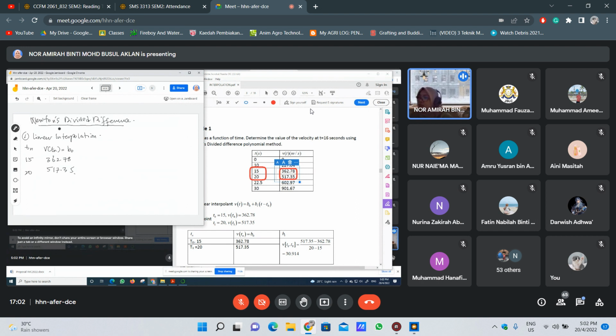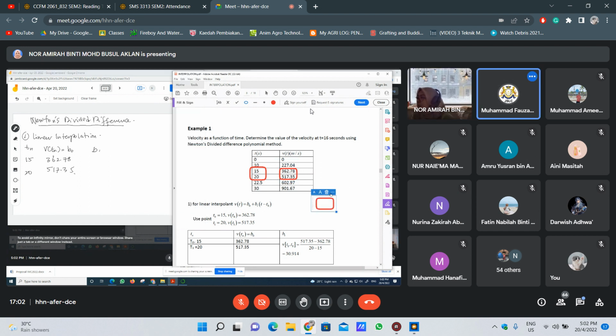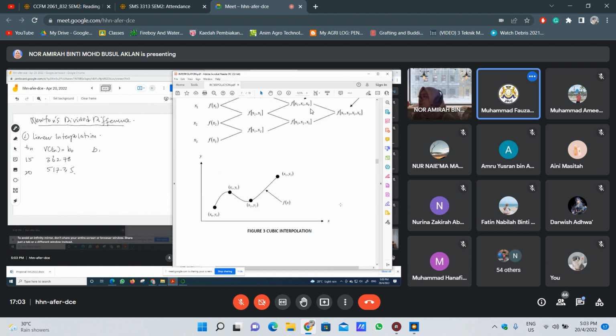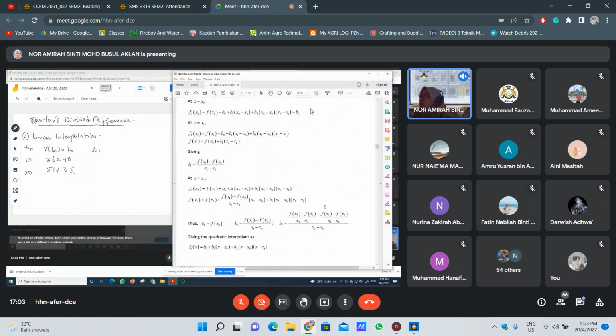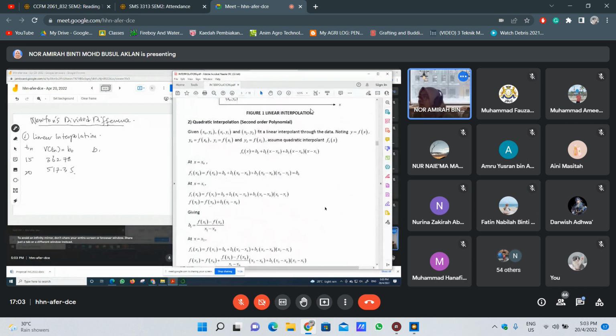Okay. So first step you have to find, this is B naught. So we saw earlier that for linear interpolant, we go only until B1. So how to find B1? The formula for B1 is this. Class, the formula of B1? f(x1) minus f(x0) over x1 minus x0. Let me go back up to the linear interpolant.